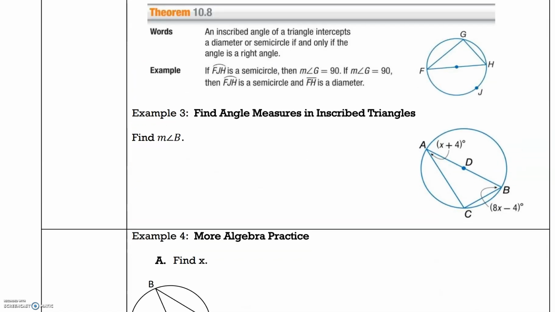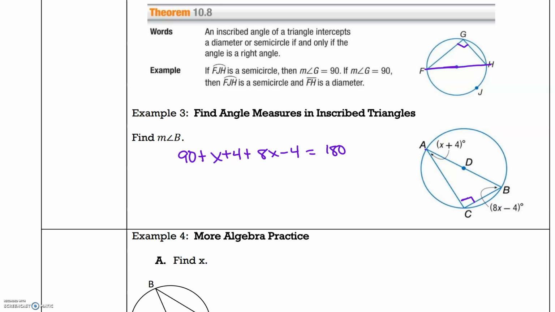If we have an inscribed triangle, and it goes through the center and makes a diameter and a semicircle, then we know that this is going to be a right triangle. If it forms that semicircle, FH is the diameter. So here we have AB as the diameter, so that would mean this angle right here is 90, and so we can go ahead and add up all our angles. 90, x plus 4, 8x minus 4, add up all our like terms, and we know that the total of a triangle is 180.